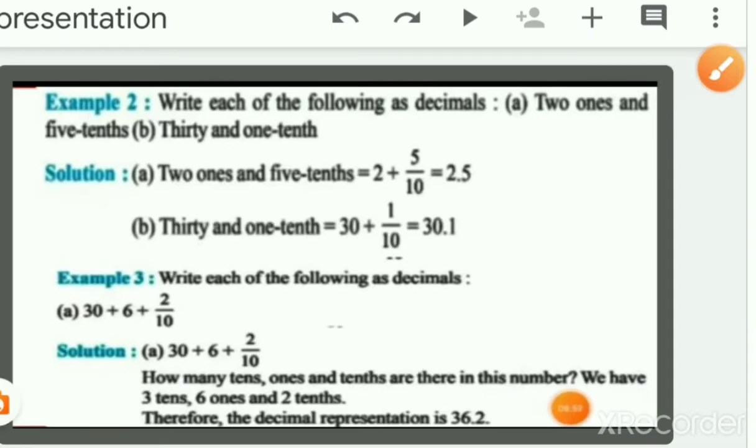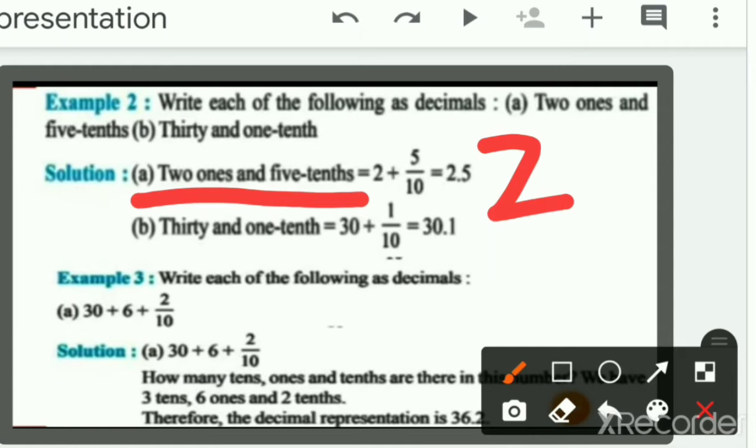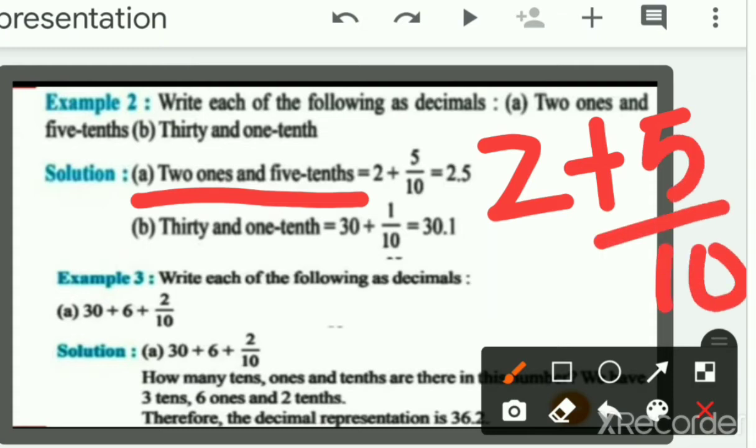Now we have the next question: write each of the following as decimals. We have to write each number as a decimal. So, 2 ones and 5 tenths. It means 2 ones are there and 5 tenths are there. 5 tenths is 5/10.